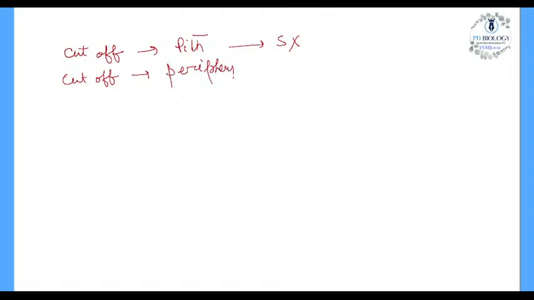The cells cut off towards the pith mature into secondary xylem, and the cells cut off towards the periphery mature into secondary phloem. So everybody, is it clear?